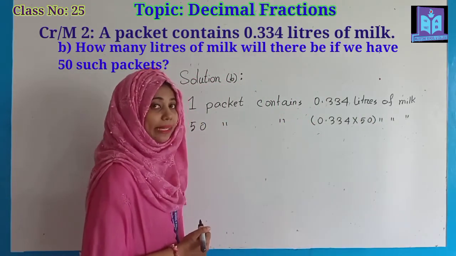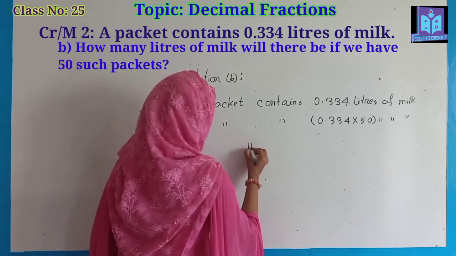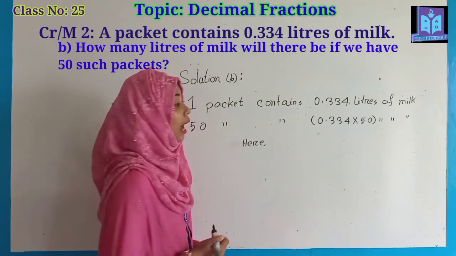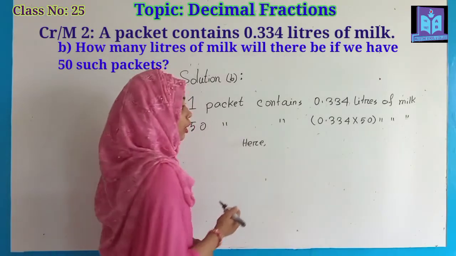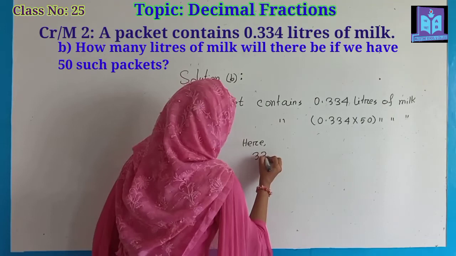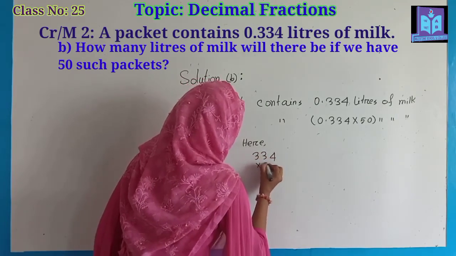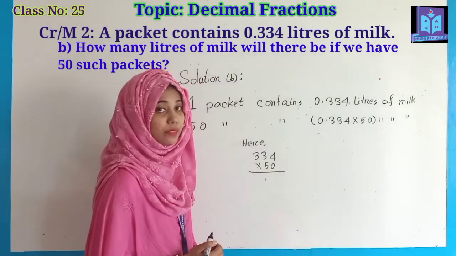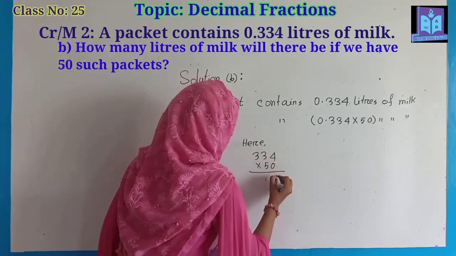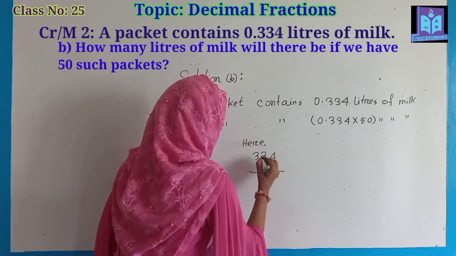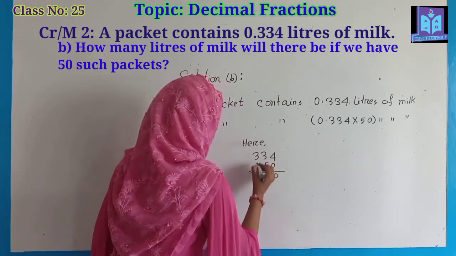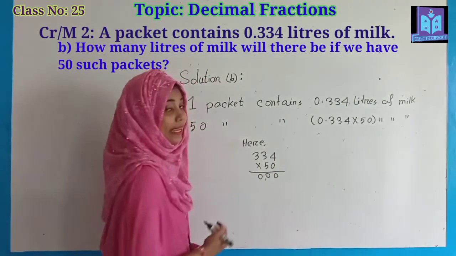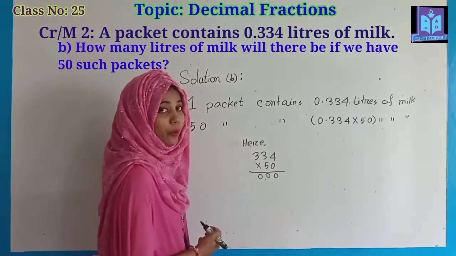Now we are doing multiplication. Here, without the point, we will write our multiplicand. That means 334 multiplied by 50. At first, we will count the times table of 0. 0 fours is 0, 0 threes is 0, 0 threes is 0. Now we count the tens place. It means the 5 times table.